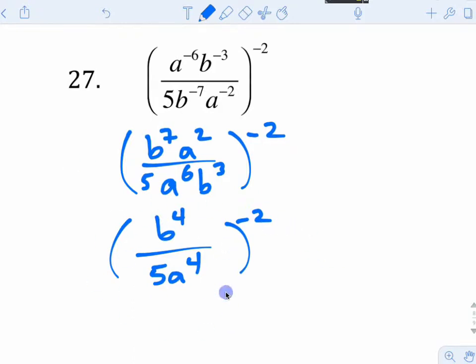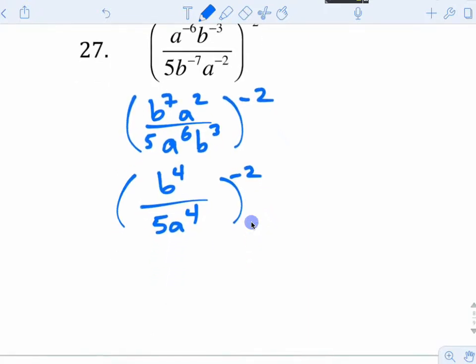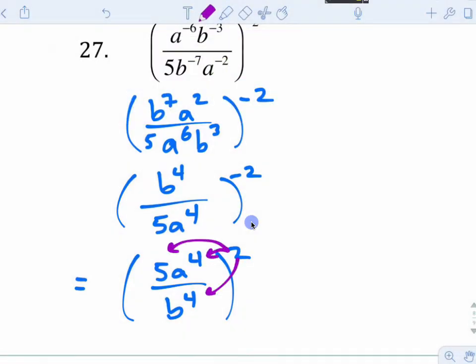I know that raising a fraction to the negative second power is the same thing as raising its reciprocal to the positive second power. And now we're going to apply this exponent to every piece of what's inside of that parentheses. And we end up with 5 squared, which is 25, a to the 8th over b to the 8th.